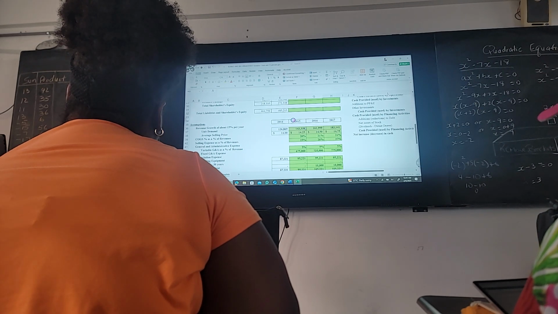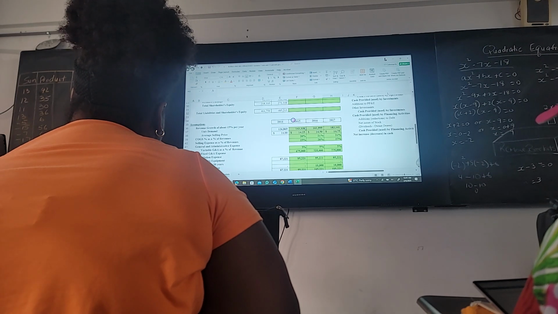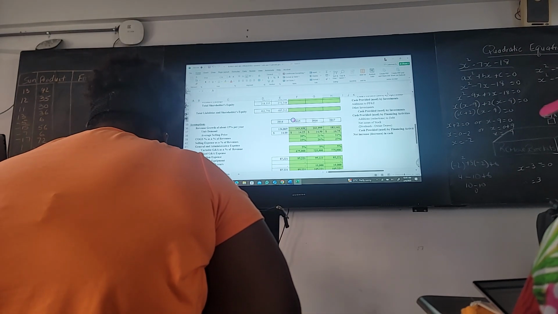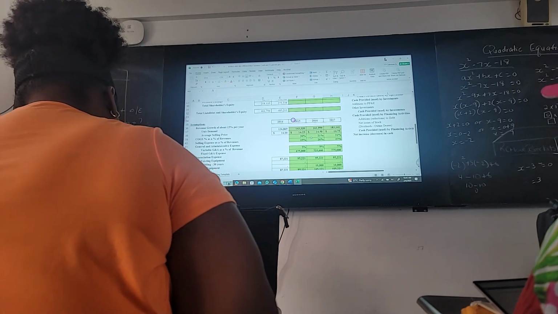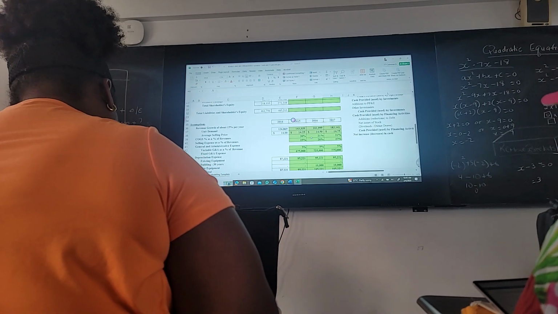Most if not all of the other things in the financial statements depend on the level of sales, which is why all of these things are a percentage of sales. Usually when you're doing a forecast, you want to identify the driver: what is that thing that when it changes, most other things will change?